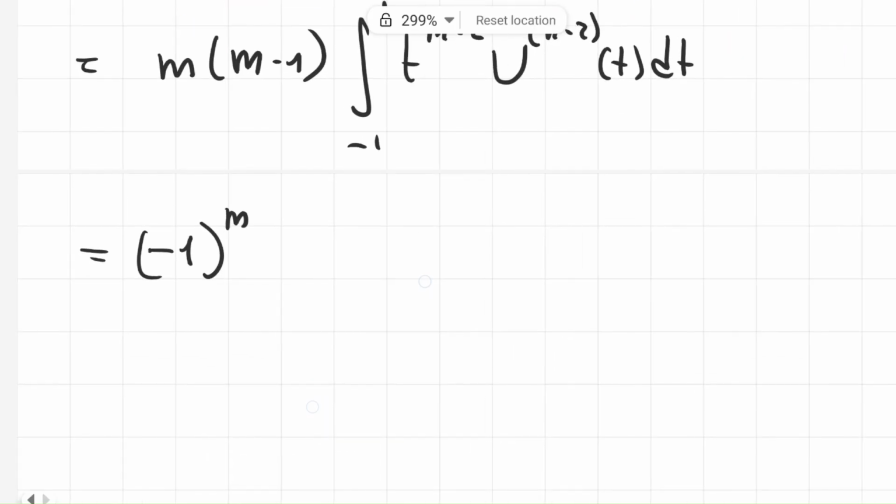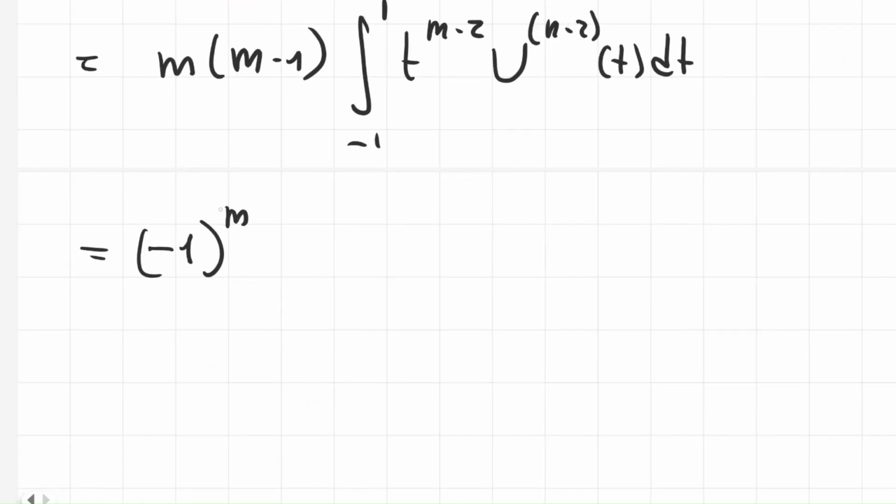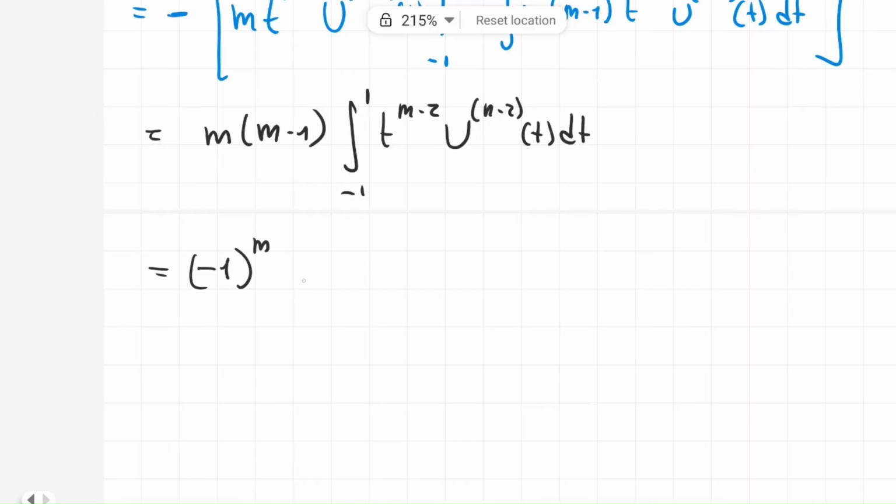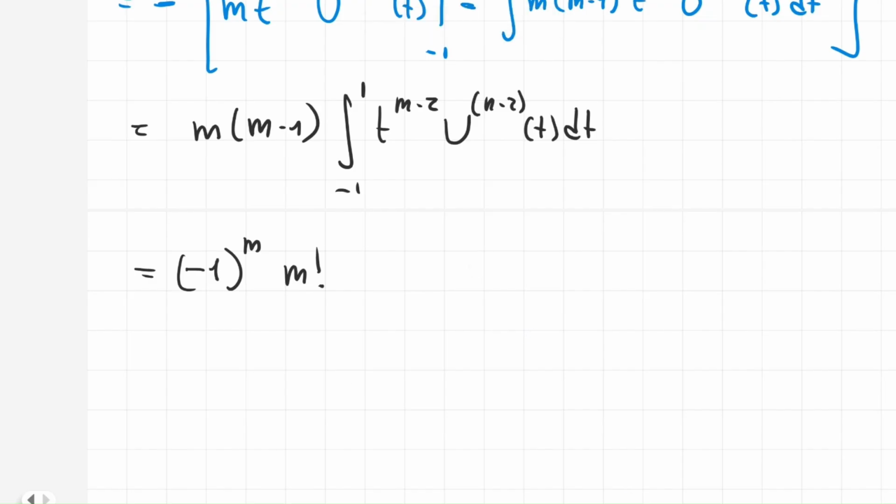But if we do it m times, we will get a minus 1 to the m because we are taking a minus sign every step we do that. And then this will multiply an m factorial, right? Okay, and then we will have an integral from minus 1 to 1 of t to the m minus m, but this will be t to the 0, which is going to be equal to 1.